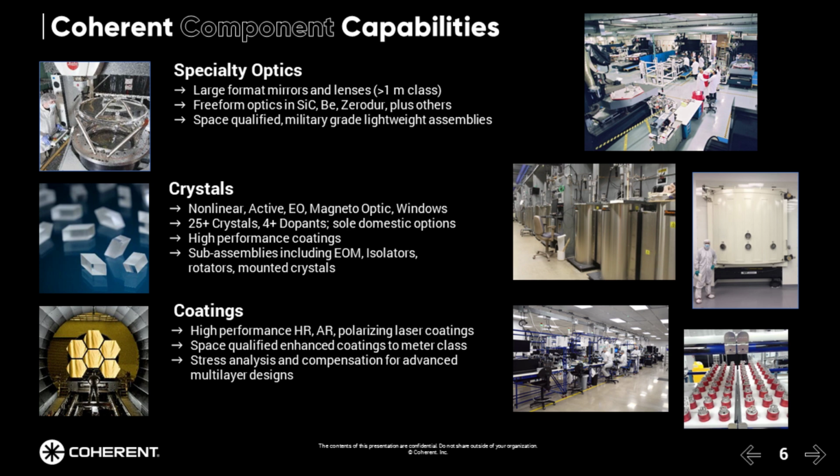These optics can be space qualified, as well as manufactured to be military grade and lightweight assemblies. And so not only do we manufacture the optics, but we can assemble a collection of optics into lightweight assemblies that are fully qualified to be fielded or launched into space.